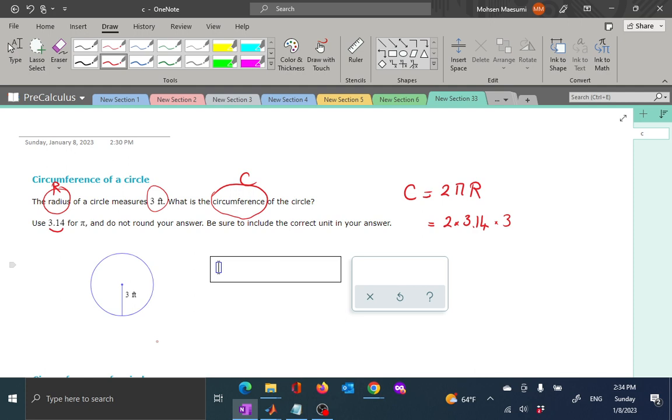You're just supposed to multiply them, and it says do not round. So it insists for some reason, just leave this as it is, multiply it and do not round it, and enter your answer here. And also make sure you include the unit in your answer.